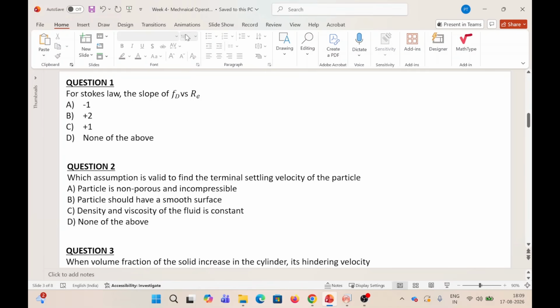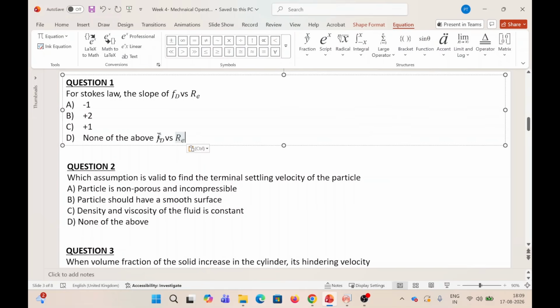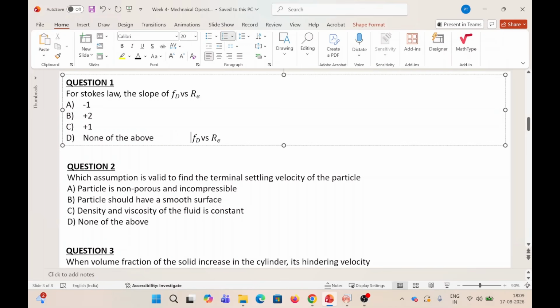I'll just write this. FD is equal to 24 by RE. Now based on this, what will be the slope of FD versus your Reynolds number?